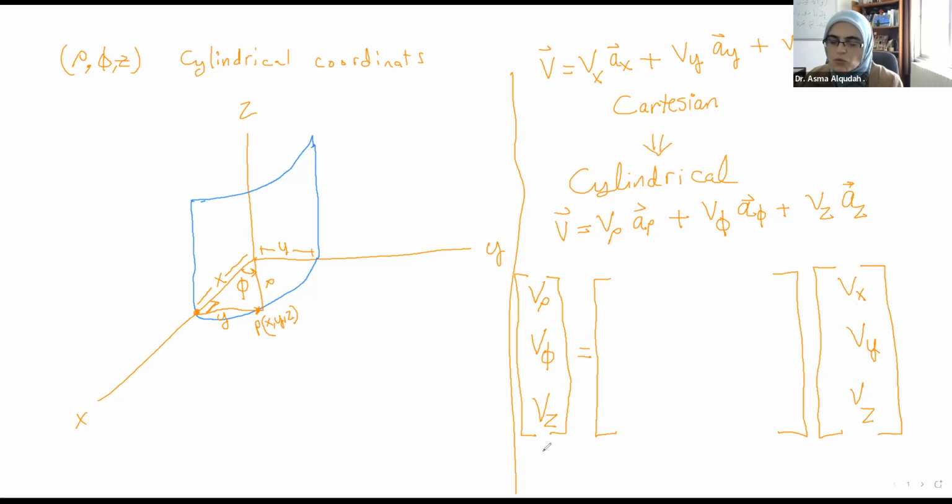So this is the output, what we need to find, and this is the input, what we need to use. And this is the transformation matrix.